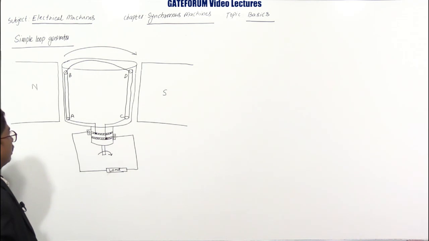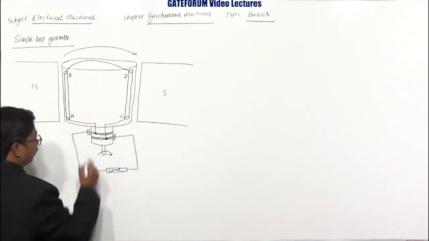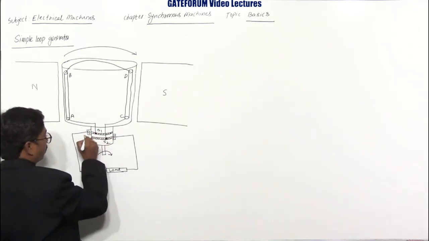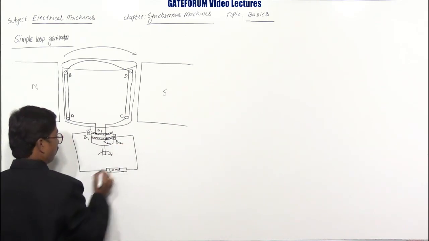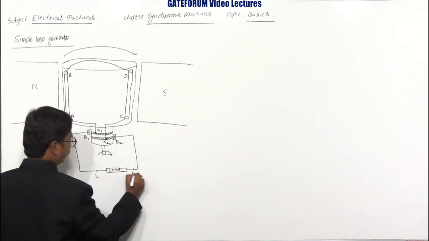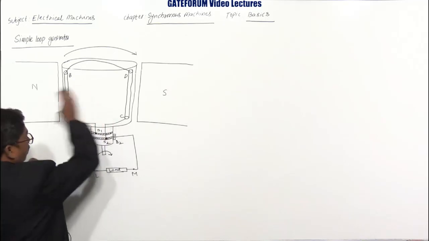So this is the conductor AB and this is the conductor CD. This is slip ring 1 and this is slip ring 2. This is brush 1 and this is brush 2. And the load terminals are L and M. Now we are rotating the conductor in a stationary magnetic field.